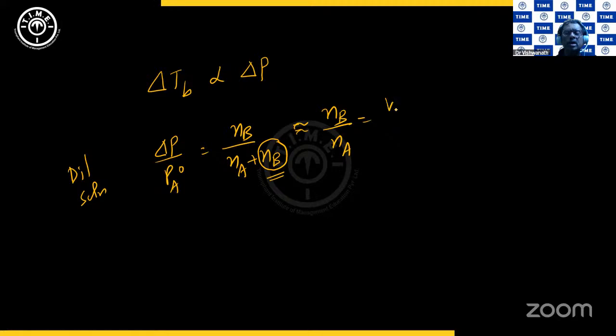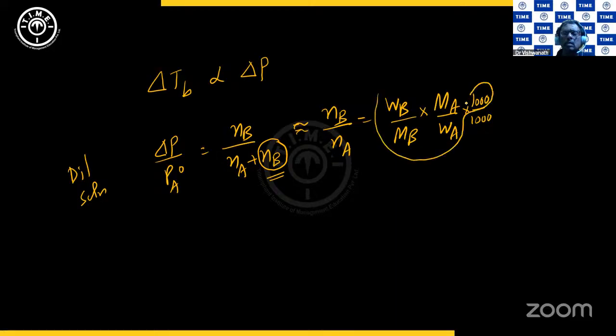NB is nothing but the weight of B by the molecular weight of B, multiplied by MA by WA. If I multiply by 1000 and divide by 1000, what am I going to get? This part is nothing but molality.